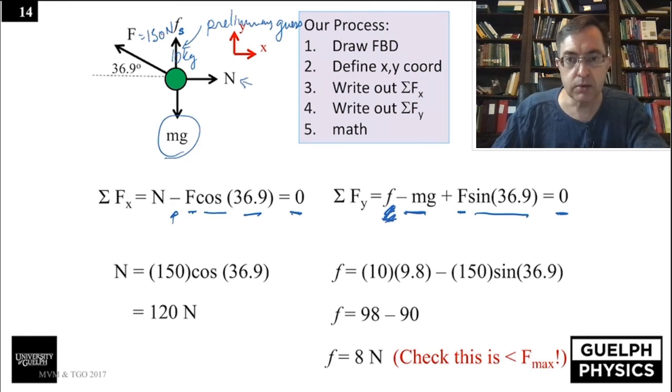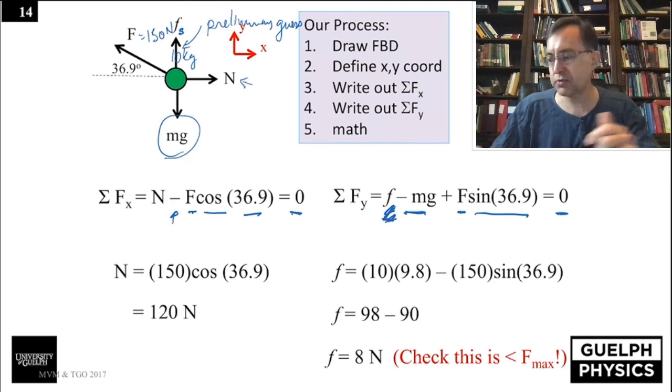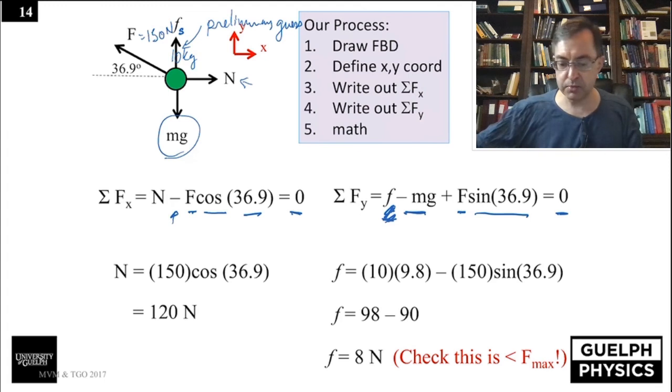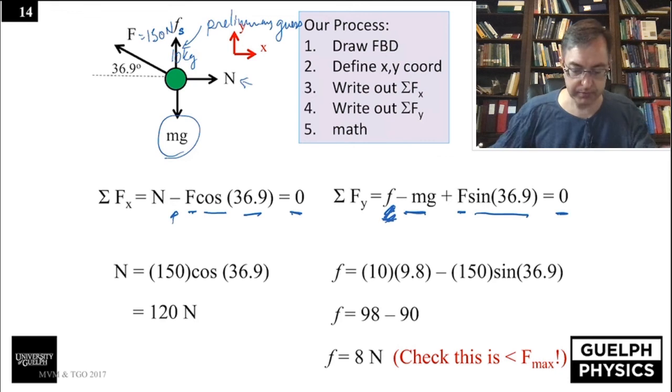We're not quite done yet, because we should check whether this 8 newtons is actually less than the maximum force. Because if it's not, then the system is actually moving, which is an interesting question.